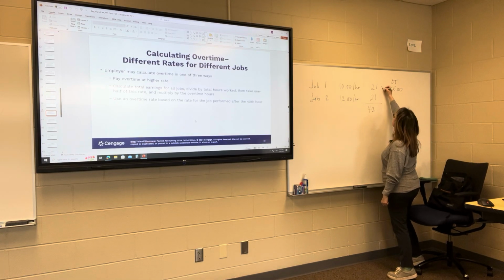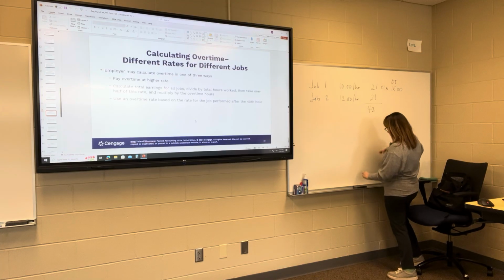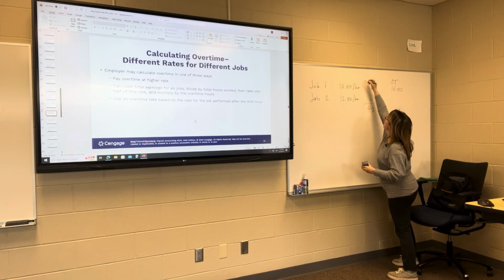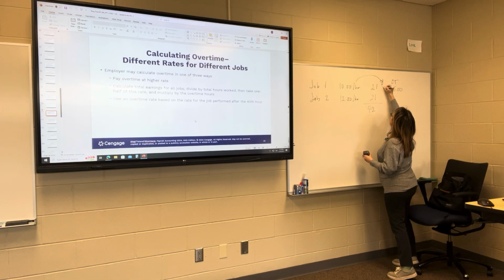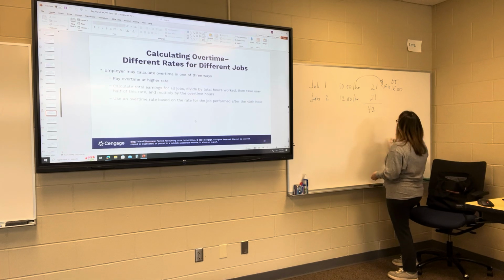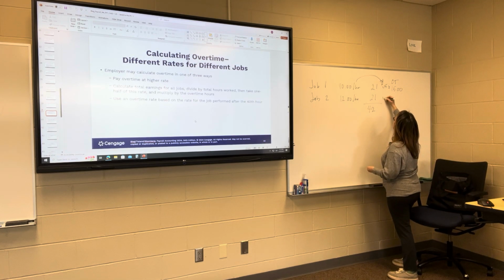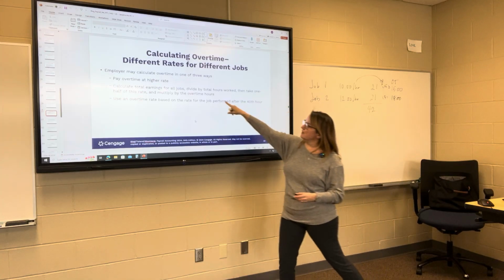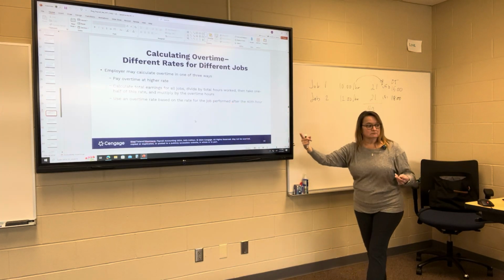For overtime, this is times 1.5. It's not the rate, it's this times 1.5. And then the 12, again, times 1.5 is $18 an hour. But in this case, we're just going to pay them those 2 hours of overtime at the higher rate.